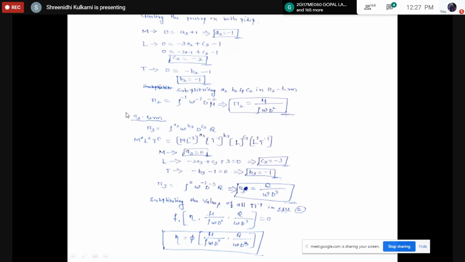Similarly, take the pi3 term. Repeat the same procedure for the pi3 term. Everyone has to solve this, and randomly we're going to select one USN, and you have to show your answer.